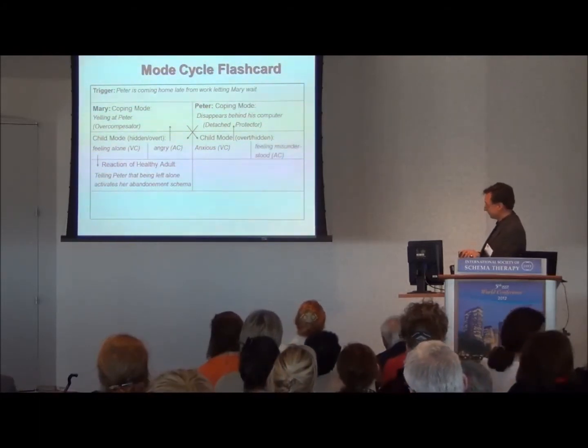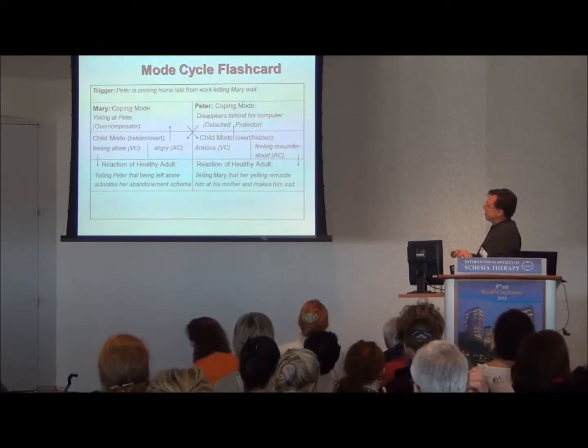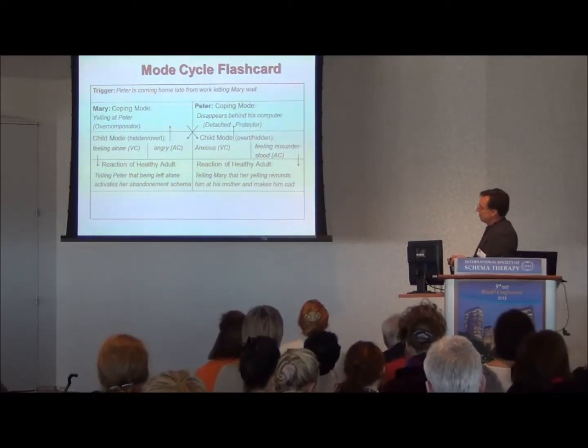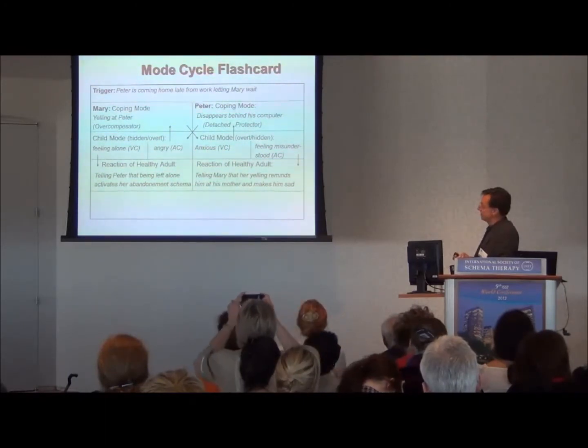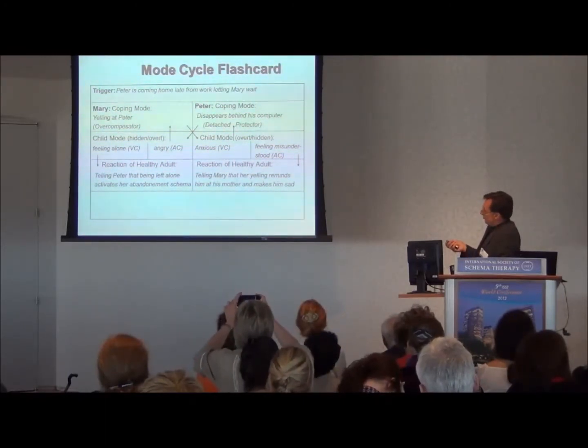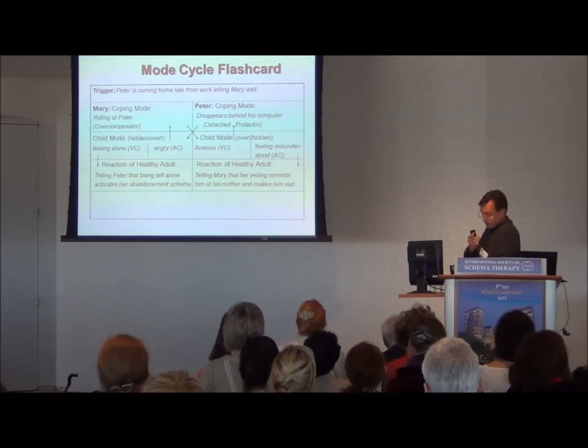On the other hand, Peter, when he's in his anxious child mode, tends to detach, and he needs to get in touch with his anger that he feels misunderstood by Mary because he has done nothing wrong. He just worked an hour longer because his boss asked him to. And he needs this anger power as the gas in the tank, as you mentioned, Chiara, I think.